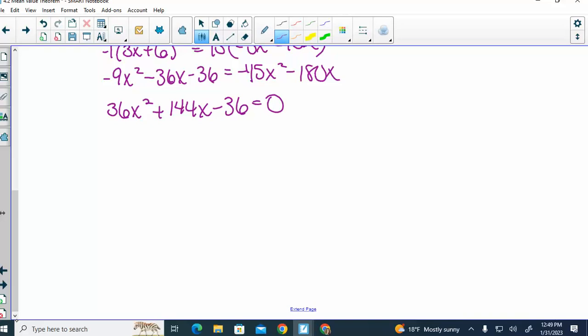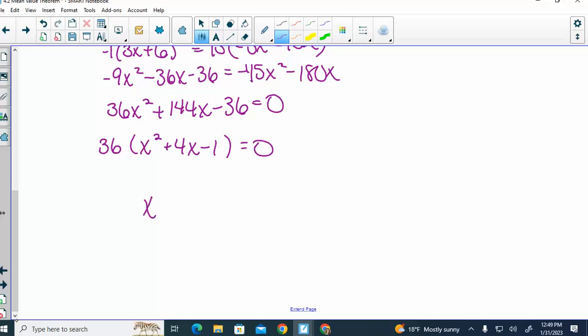So I factor out 36. What am I going to have to do now? Factor. Does anything multiply to -1 and add to 4? No. So then, see, this problem is making me happy. My day is better now.